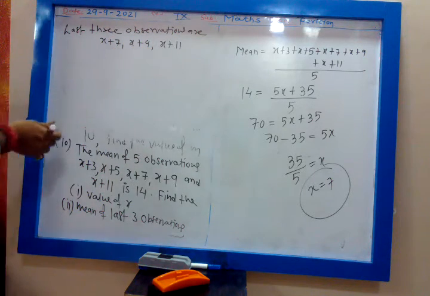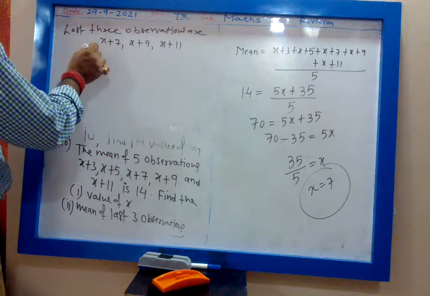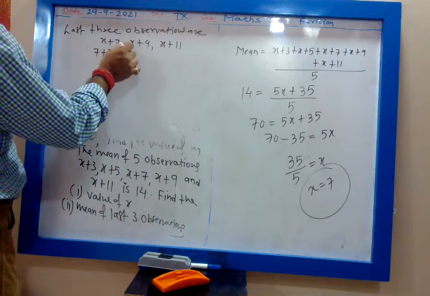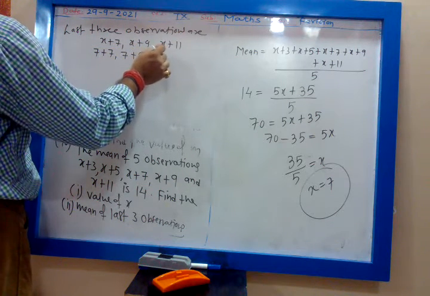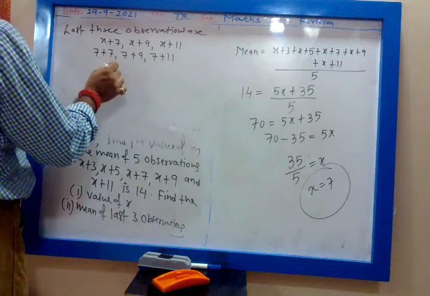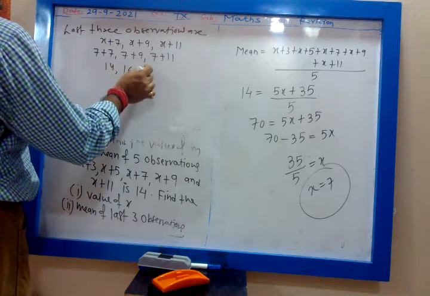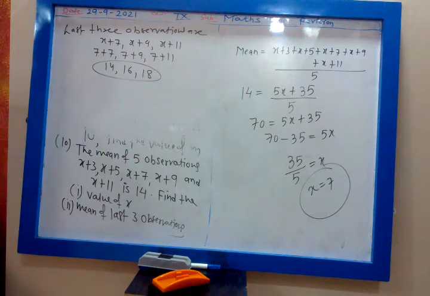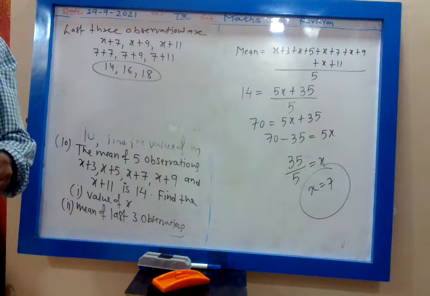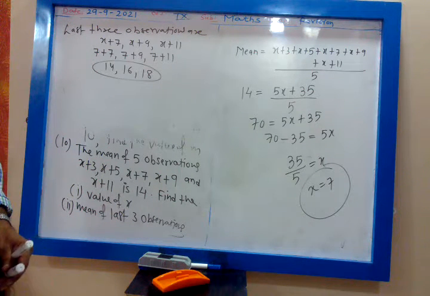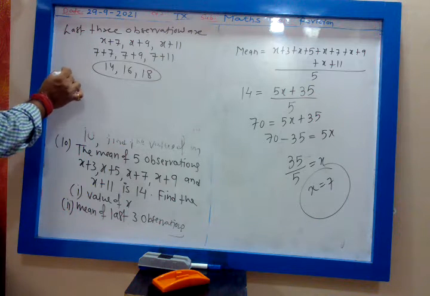You put the value of x, 7. So 7 plus 7, 7 plus 9, 7 plus 11. 7 plus 7 is 14, 16 and 18. They are last 3 observations. Now you want to find mean.